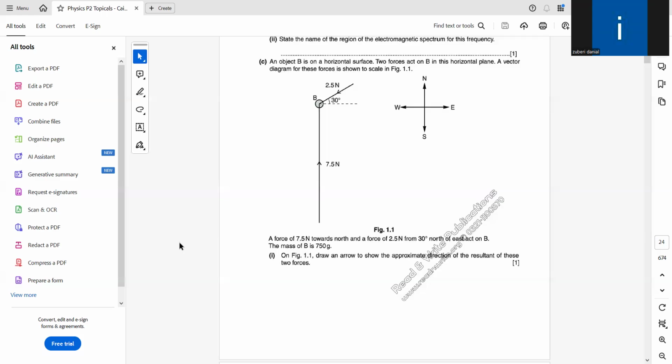Sure, can I draw on the question? Yeah, you can draw it on the question. Don't worry.